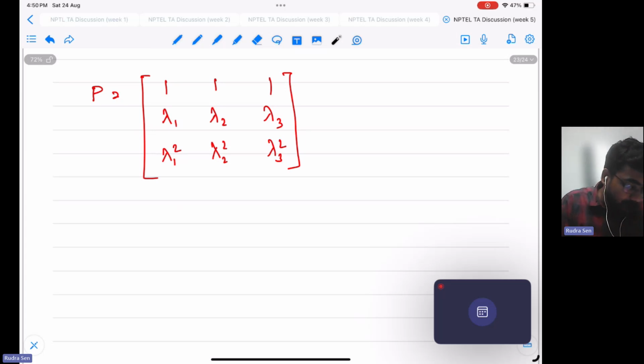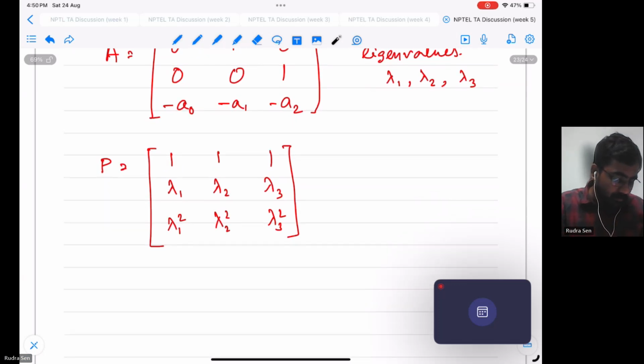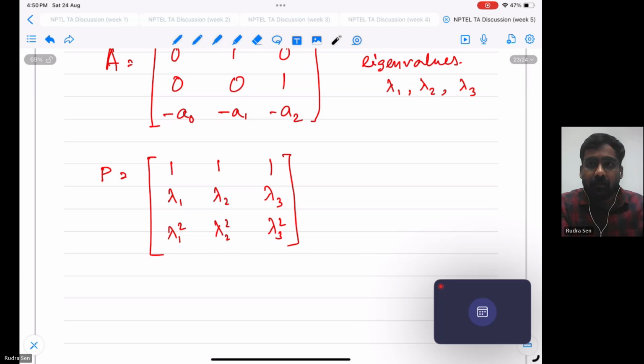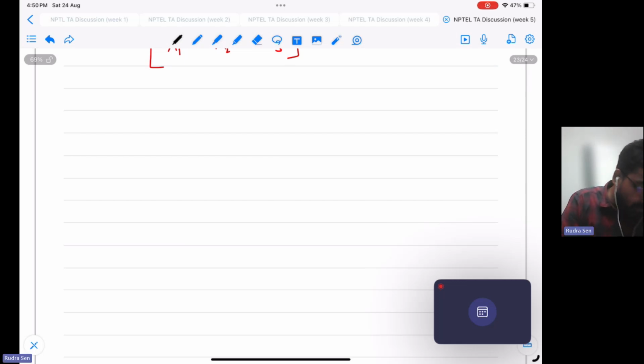The next thing is, we know that diagonalization basically makes it easier to find the values, easy for computation purposes, right?